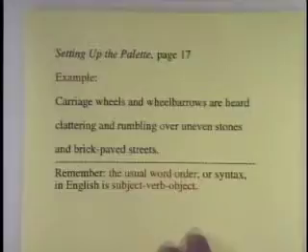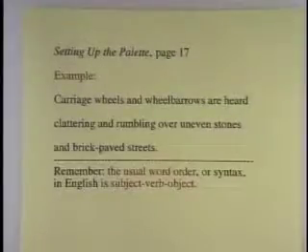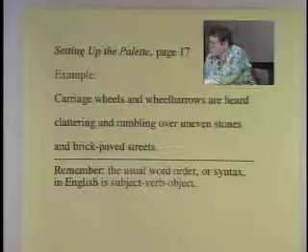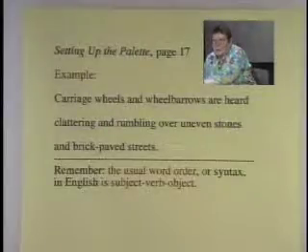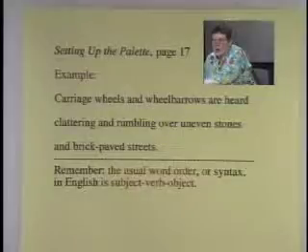Carriage wheels and wheelbarrows are heard clattering and rumbling over uneven stones and brick-paved streets. Jeff, where's your next subject? Nothing? Jessica, where's that subject? I'm not sure. Give it a shot.